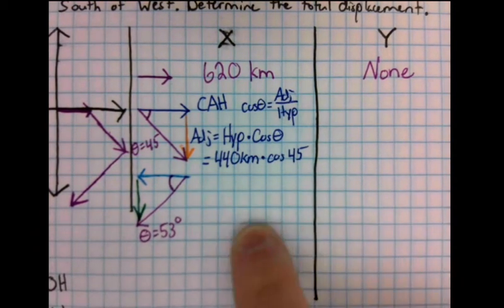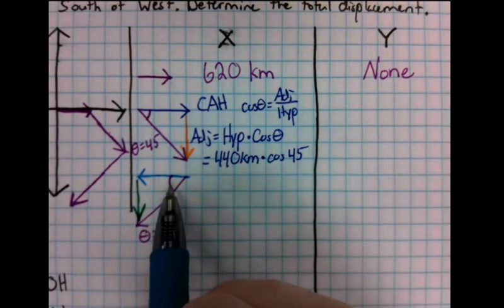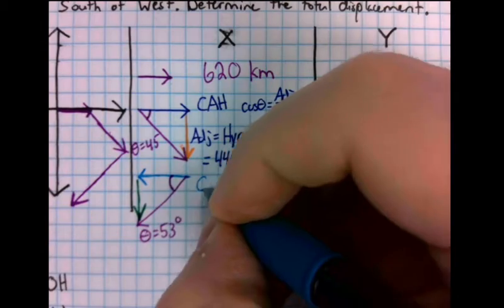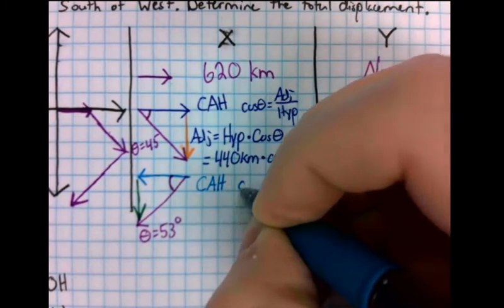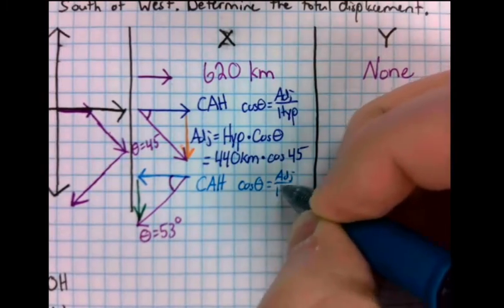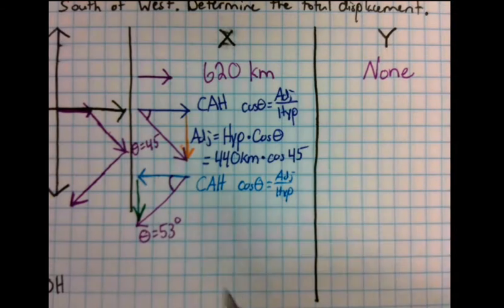Okay, since I've got the camera in this position, we're going to also figure out the x component of this one right here. So in this case, I have the hypotenuse. I also want the adjacent. We're still going to use CAH: cosine theta equals adjacent over hypotenuse. But very important this time.